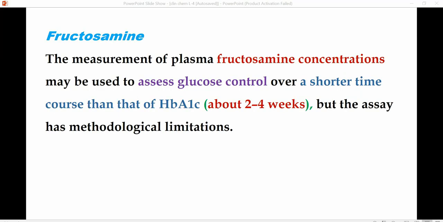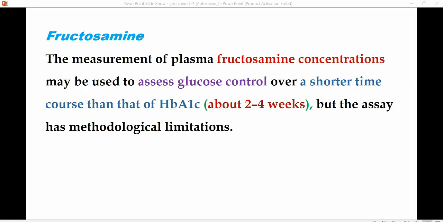In some conditions, the measurement of HbA1c level, which gives us an idea about the previous 6 to 8 weeks, the average lifespan of hemoglobin, is not suitable.